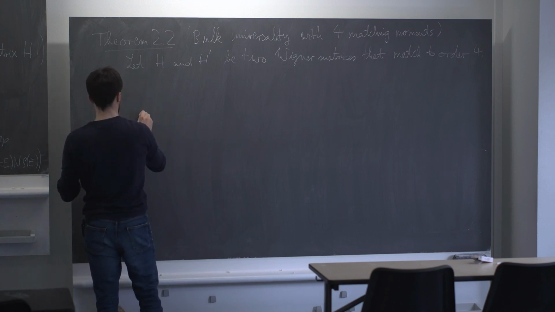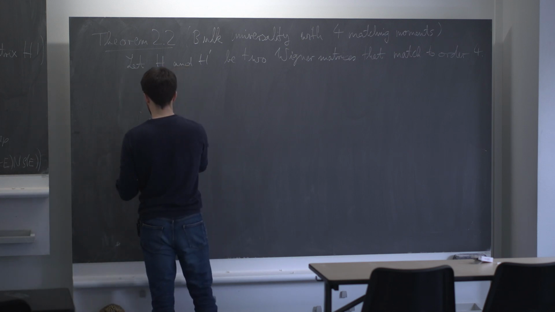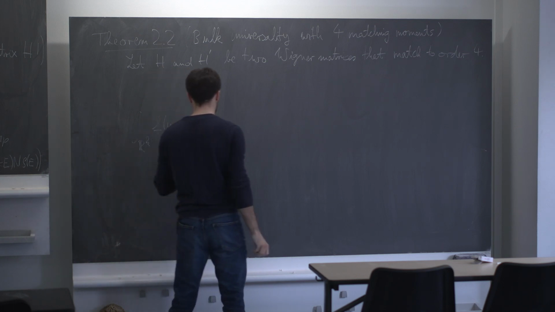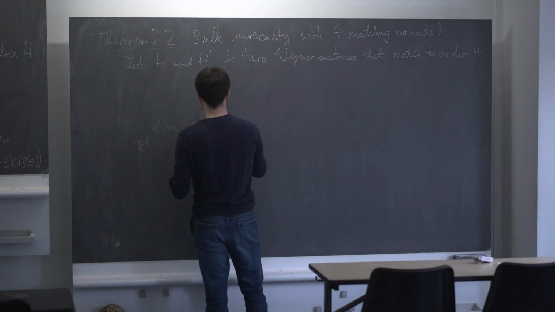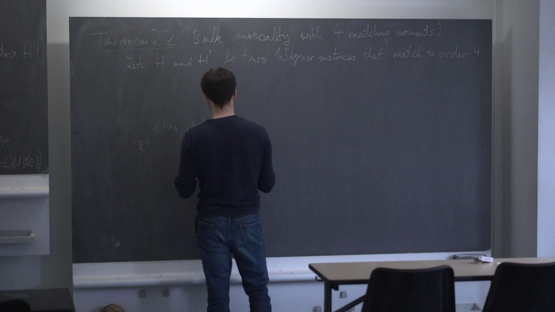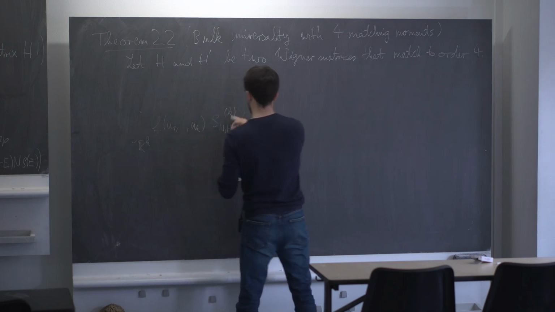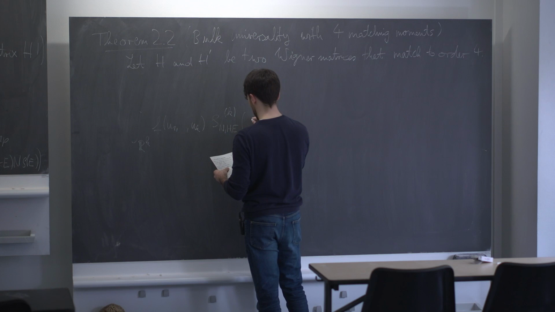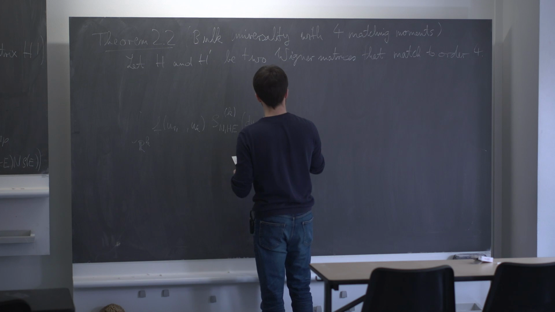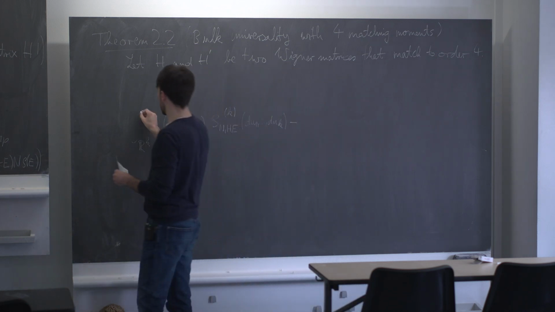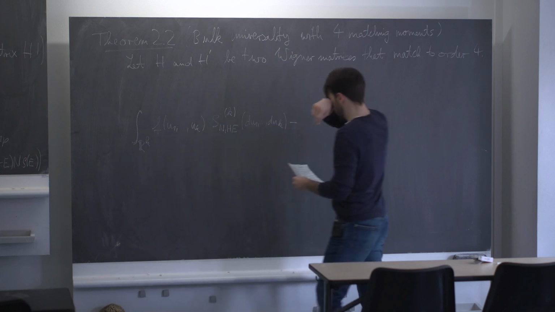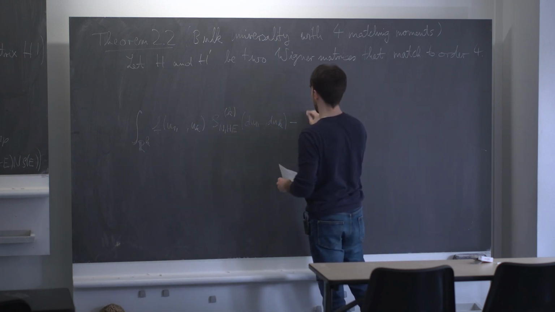So what do I want to do now? Well, I'll leave some space here. So I will test the local k-point intensity measures against the function f. I take the function evaluated at u1 up to uk, and use this to test the local k-point intensity measure for h. Then I want to compare this integral with the same integral when I replace h by h prime.